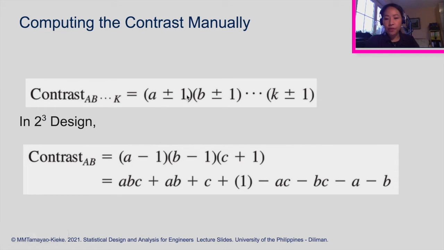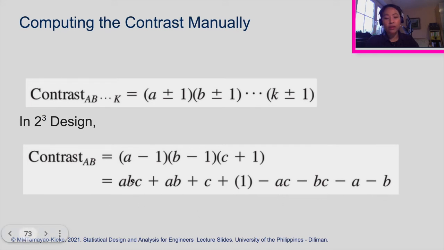So let's use that in an example. Say in a 2 to the 3 design you want to determine the contrast of the interaction AB. Since factors A and B are included, these two terms will take on a minus sign, while the term with C would take on plus 1. And then in the simplified expression, we replace 1 by parenthesis 1. And now here is your expression for the contrast.